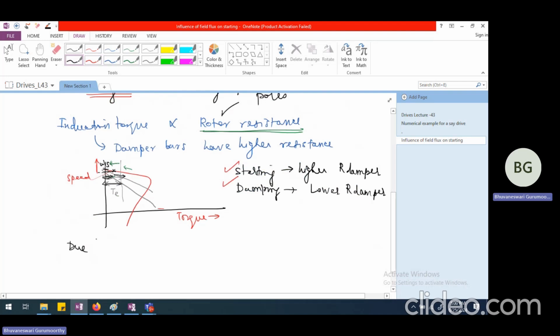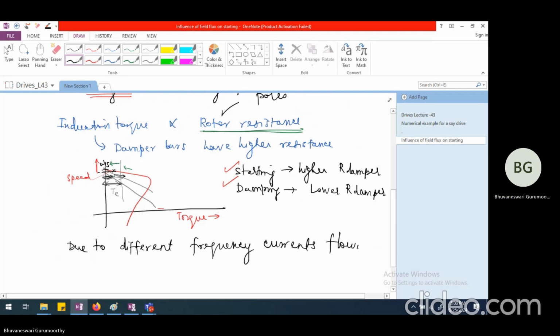So due to different frequency currents flowing in the permanent magnet synchronous motor during starting, flowing in the stator.